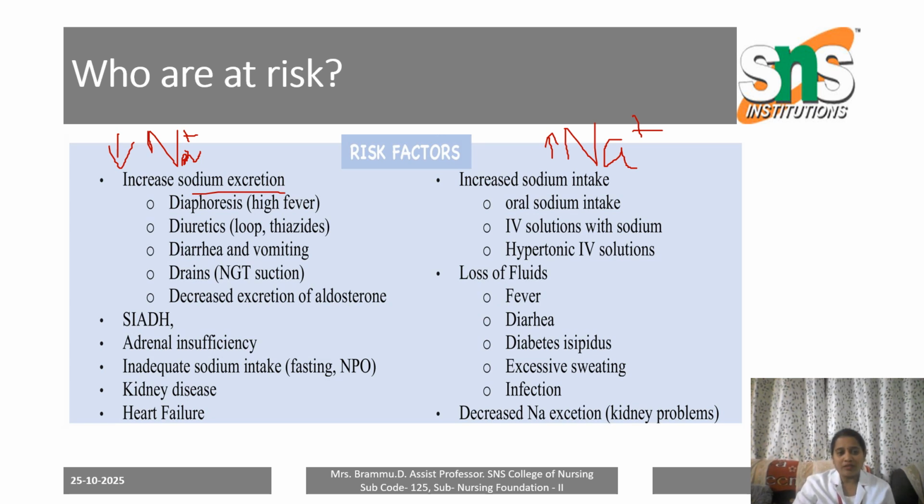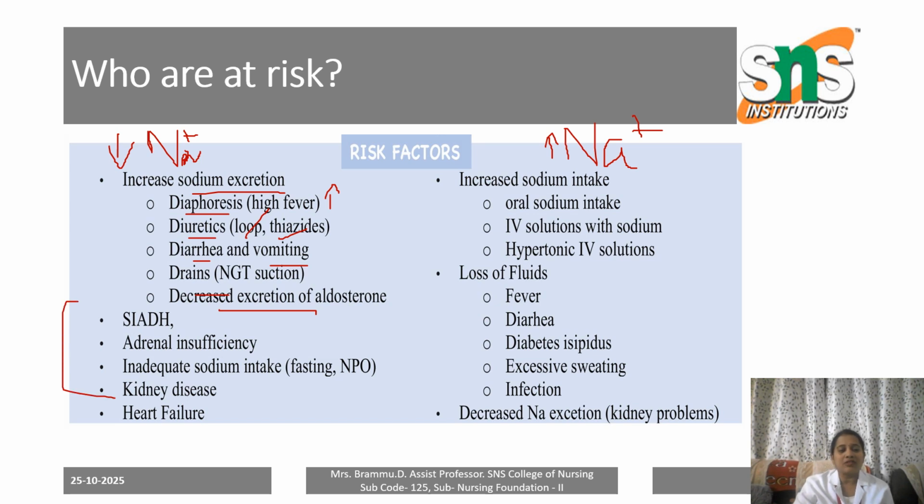So might be in case of diaphoresis, excessive sweating, the patient is going to have high fever. And then in case of diuretics, usage of either loop or thiazide diuretics. Diarrhea or vomiting, as I told you, NG suction. Decreased excretion of aldosterone. Or might be in certain disorders of the kidney and heart failure.